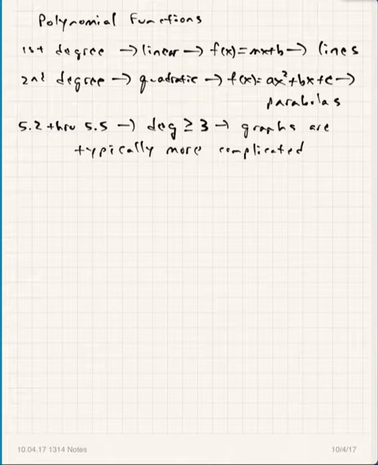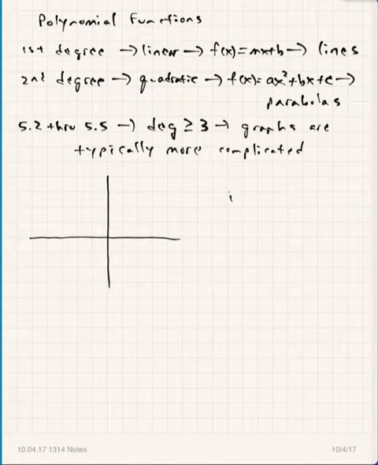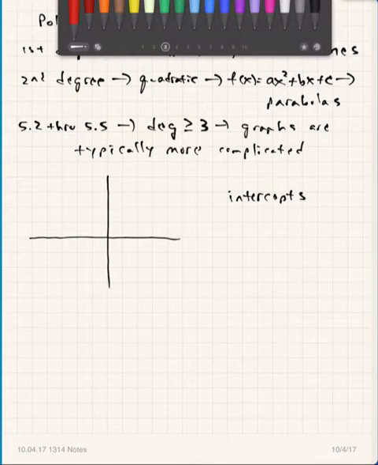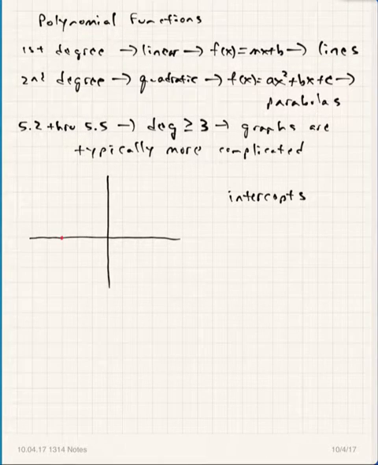All right, so the first thing to talk about is the intercepts. All right, so we're talking about intercepts. And so a typical polynomial function might have a graph that looks like this.